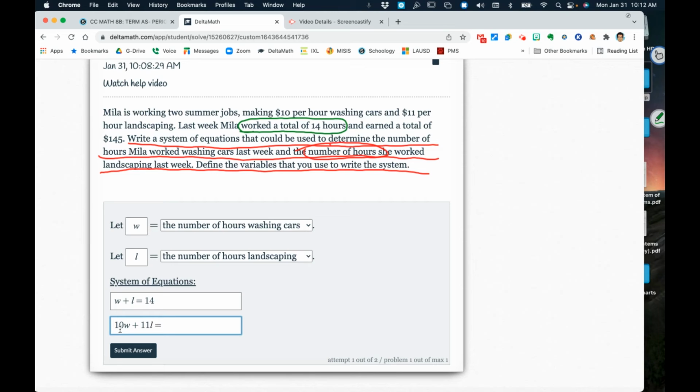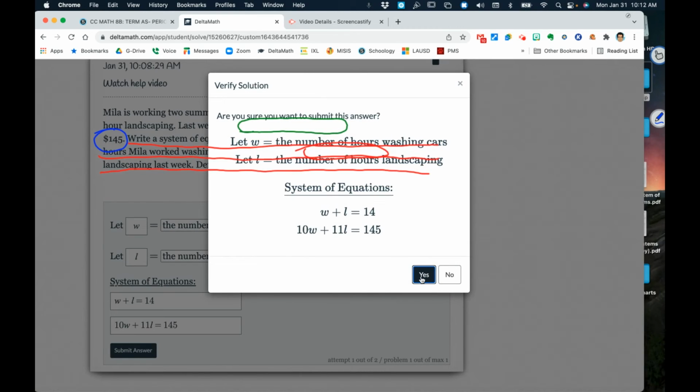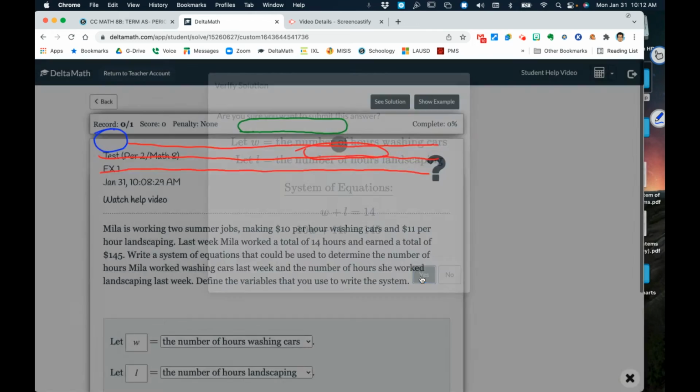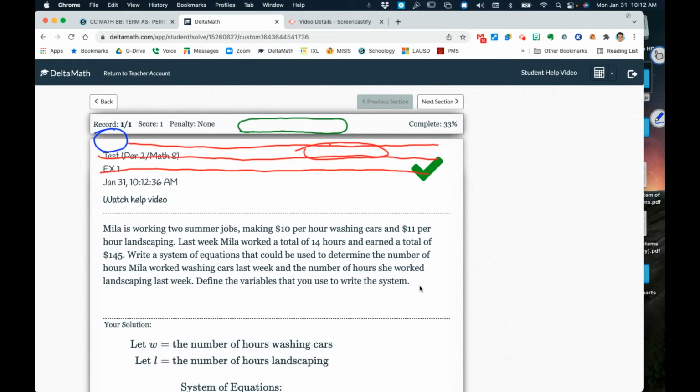And that equals the total she made, 145. Notice all of this deals with money: $10, $11, $145. So that's our second equation. Let's try it out. Submit that. Boom. And it works. Okay, let's try the next one.